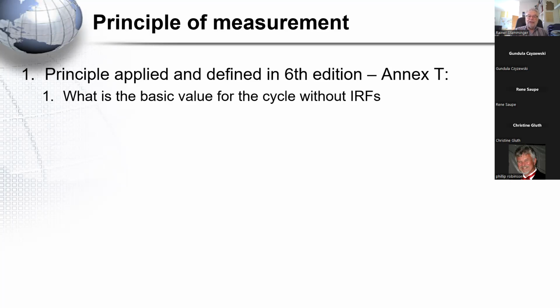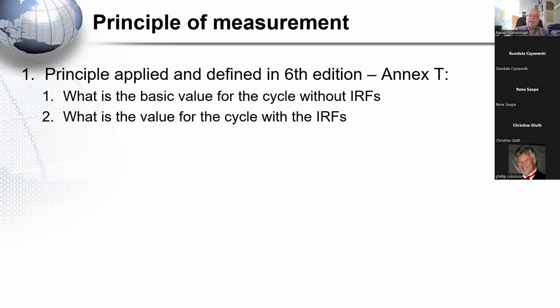So what we want to measure, as the first point, is the basic value of the cycle without an intermittently recurring function activated, which is the minimum consumption such a machine has. And we want to measure the value with the IRFs, so that we see what the difference is.